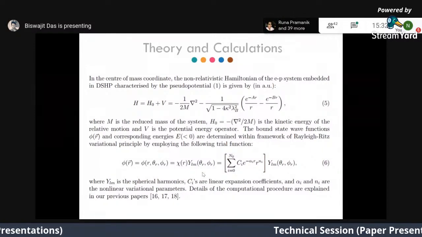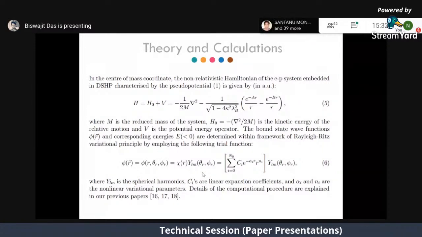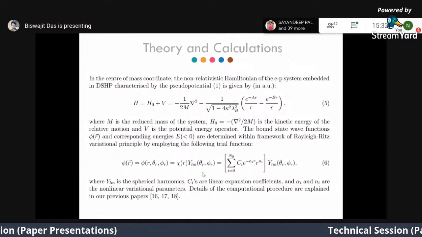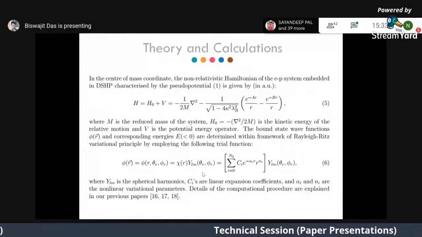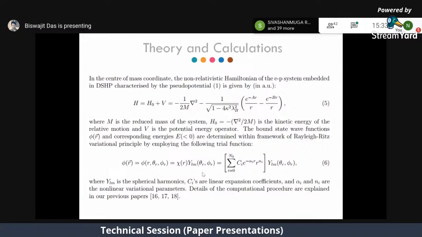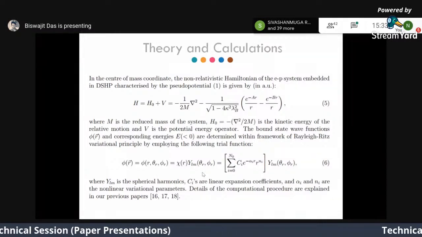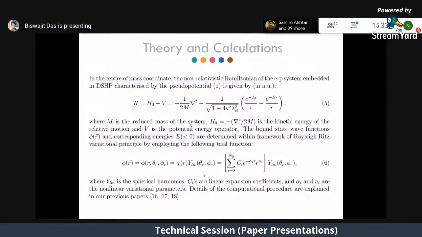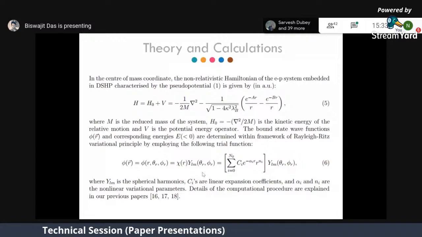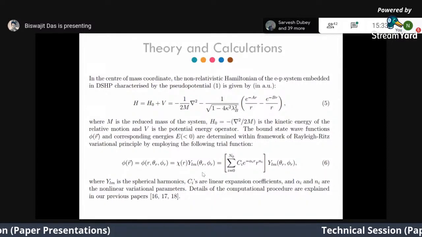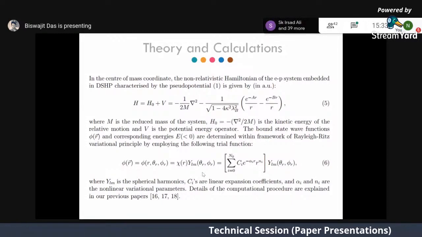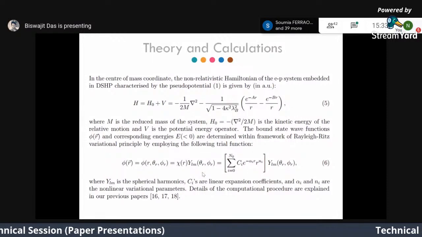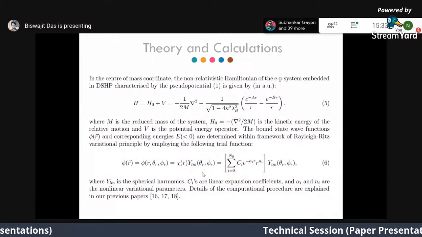The bound state wave function phi(r) and corresponding energy, obviously negative energy, are determined within the framework of the Rayleigh-Ritz variational principle by employing the trial function given by 6, where Ylm is the spherical harmonics, ci are the linear expansion coefficients, and alpha i and ni are the non-linear variational parameters. Details of the computational procedure are explained in our previously published papers, which are mentioned in references 16, 17, and 18.